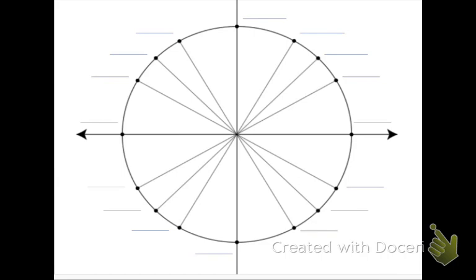Whenever we did this, we had our standard, we were at 0 or 2 pi. Then we were at pi over 6, pi over 4, pi over 3, and then pi over 2.